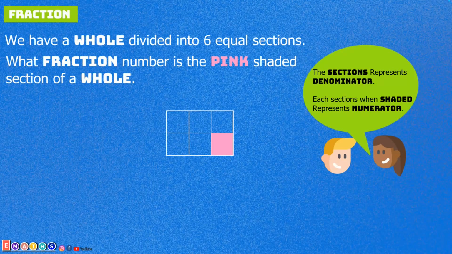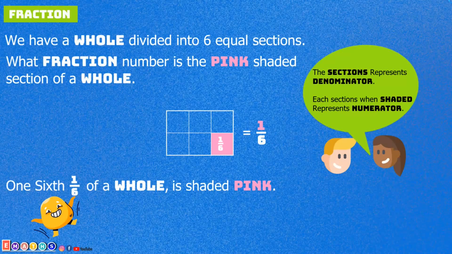Remember, sections represent the denominator and each section when shaded represents the numerator. So we have 6 sections and only 1 section shaded out of the 6 equal sections. One-sixth of a whole is shaded pink.